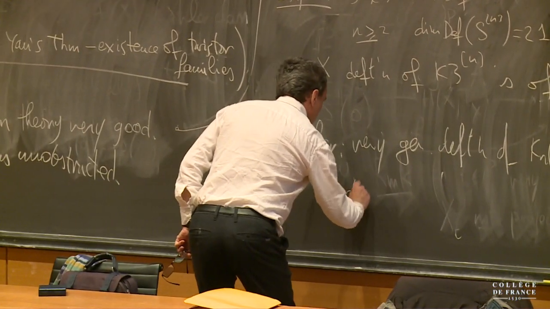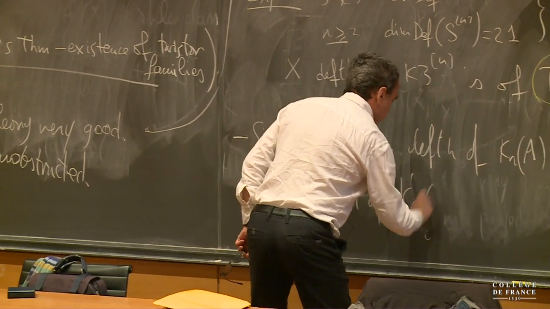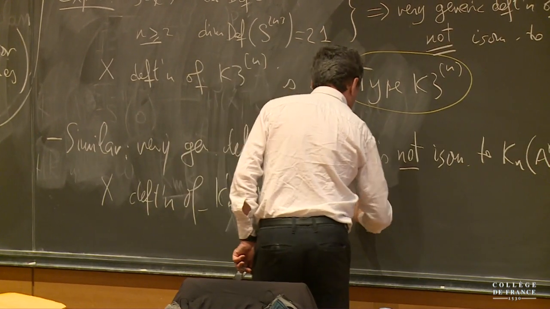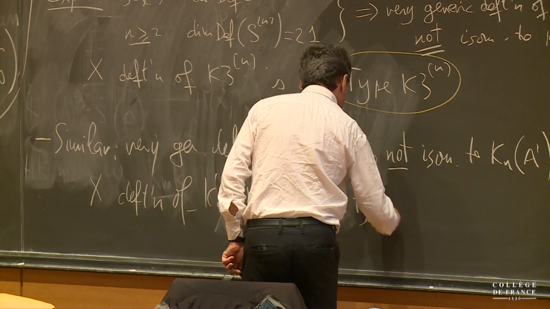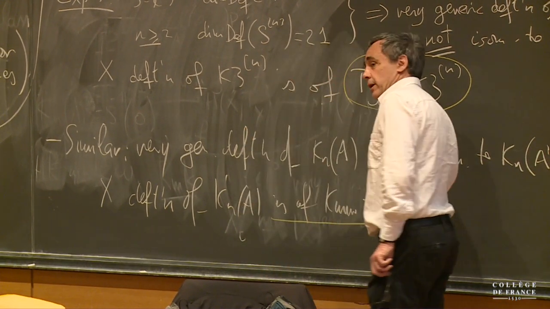And these are called of Kummer type. So something of Kummer type is a deformation of a generalized Kummer.